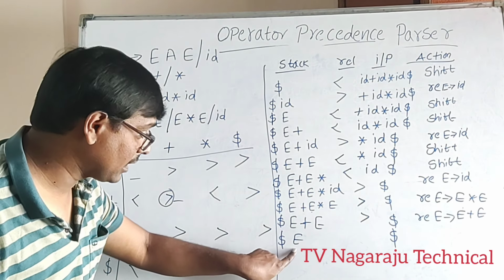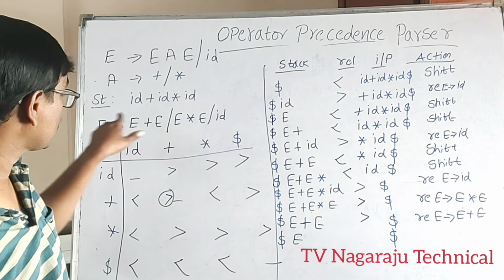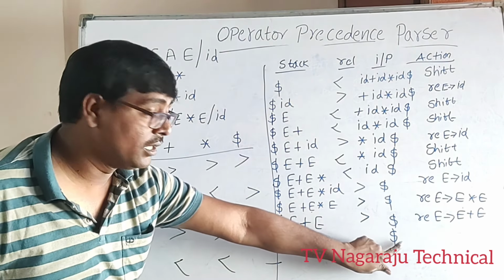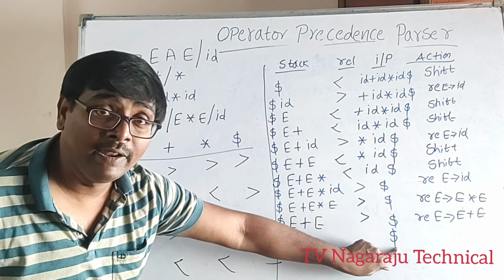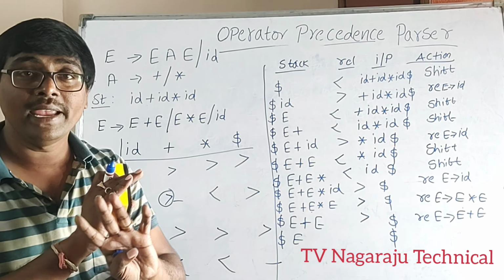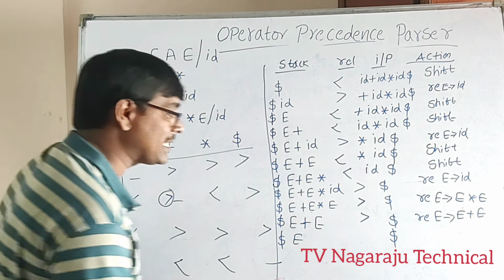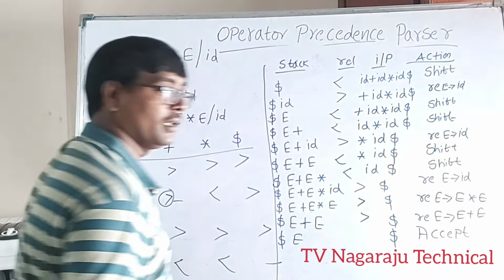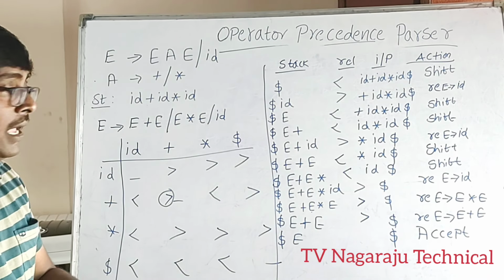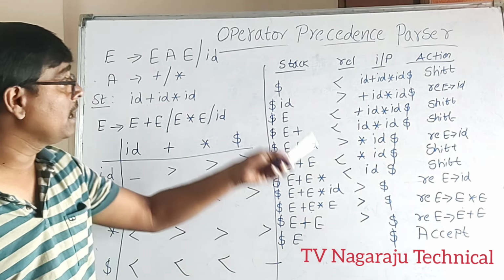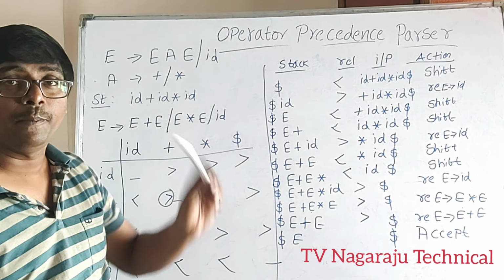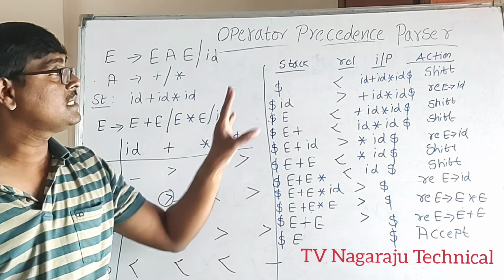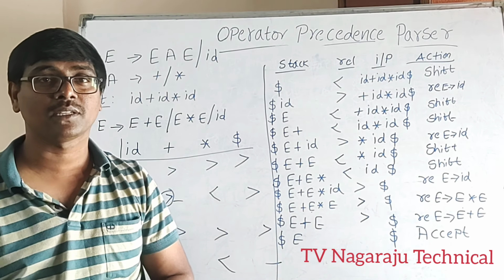Here the top of the stack is the starting symbol, and the input buffer has ended with the string. That means my entire string is parsed successfully, so the final state is accept. Clear? This is how we parse a string using the operator precedence parser. That is the end of operator precedence parser. Thank you.